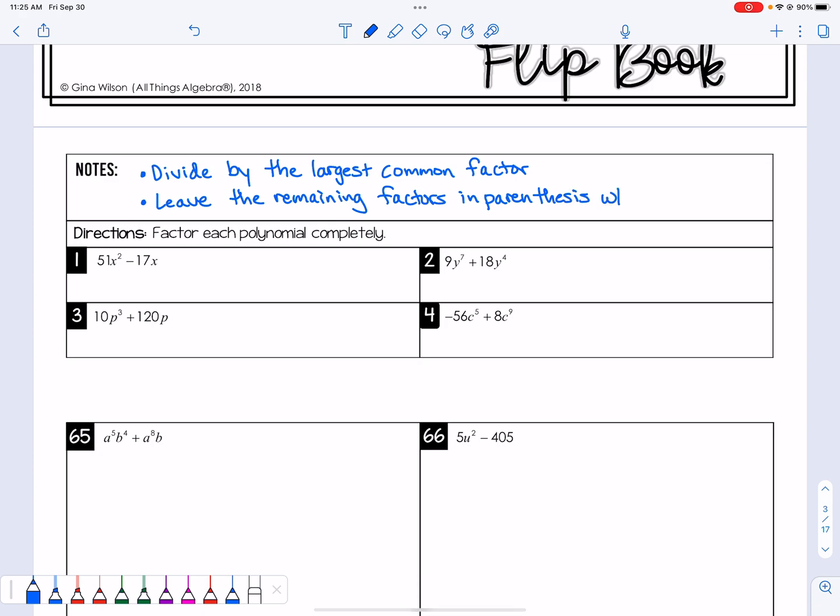And I would add with the greatest common factor out front. So let's do a few examples.